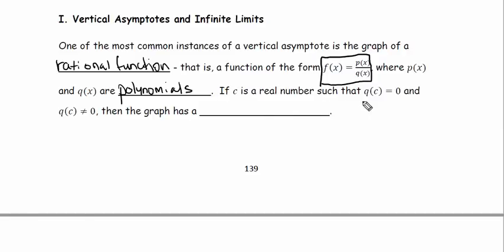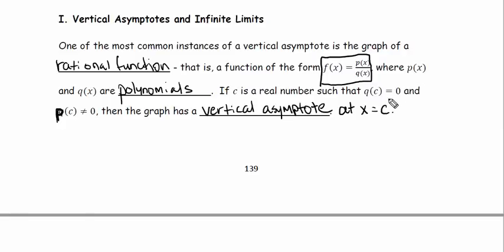And if c is a real number such that q of c is equal to 0 and p of c is not equal to 0, then the graph has a vertical asymptote at x equals c.